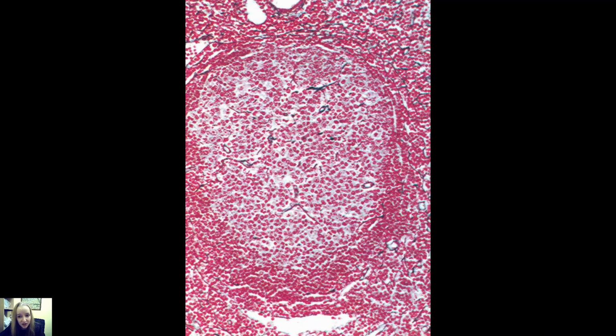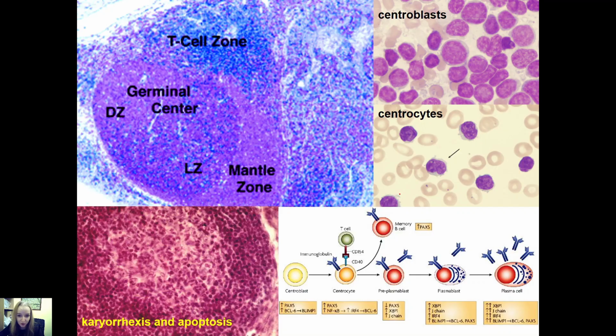In this picture, once again, impregnation. We can see nice dark reticular fibers over here, and that's normal stroma, or the normal supporting structure of the lymph node, as you know.